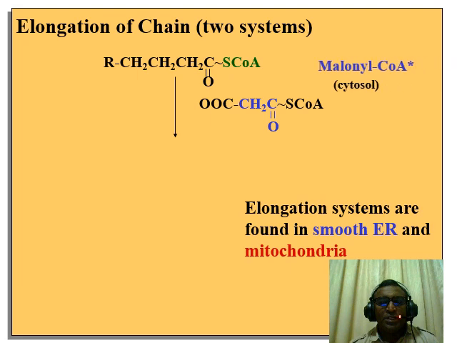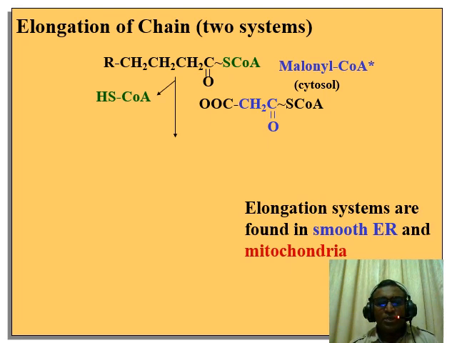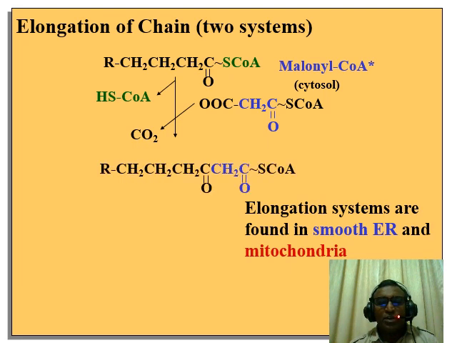Then comes the malonyl-CoA in the smooth endoplasmic reticulum. The palmityl-CoA will firstly lose its coenzyme A, while the malonyl-CoA will become less by one carbon to be carbon dioxide. Both will react and form the 18 carbon stearyl-CoA, right? That's in the smooth endoplasmic reticulum.